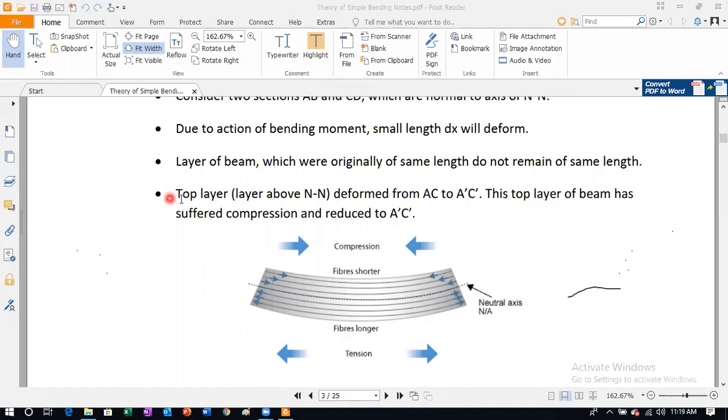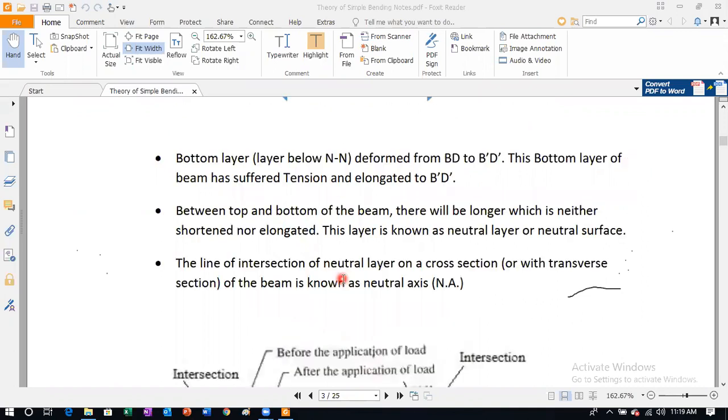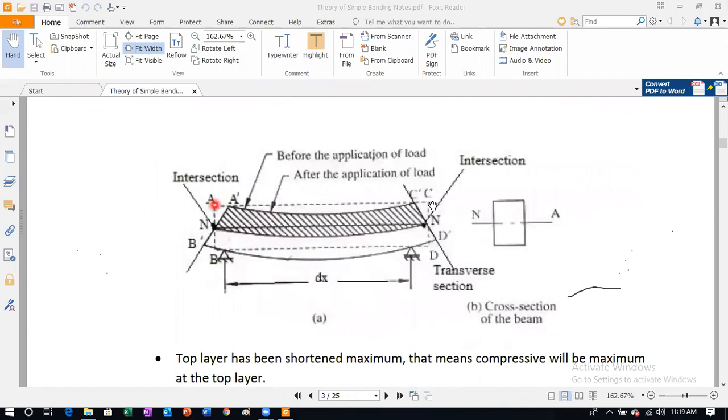Right. So the top layer above NN deformed from AC to AC dash. This A point deformed to A dash, and this C point deformed to C dash. So the upper fiber will be compressed. Now we can see this B fiber is B dash and D is D dash.